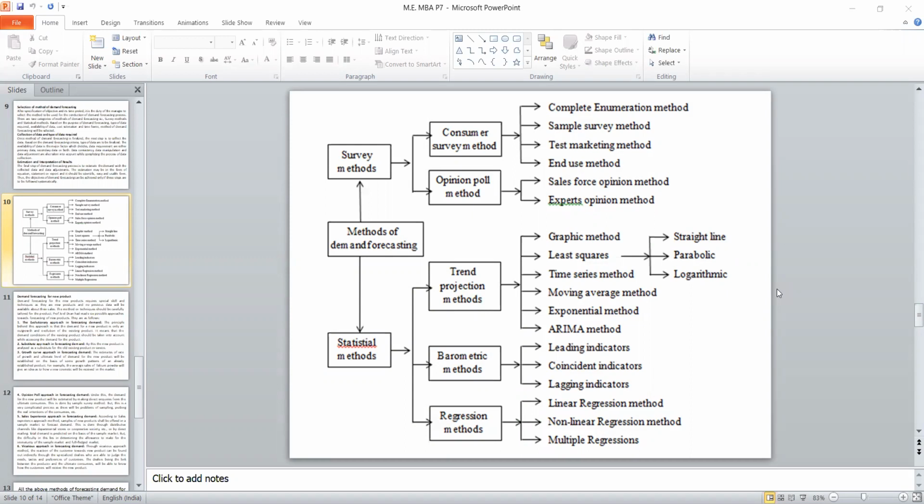The second one is the B category, which is coincident. It does not have a heavy demand, but it is needed. The third one is the C category, the lagging indicators, such as warehouse and watchman.